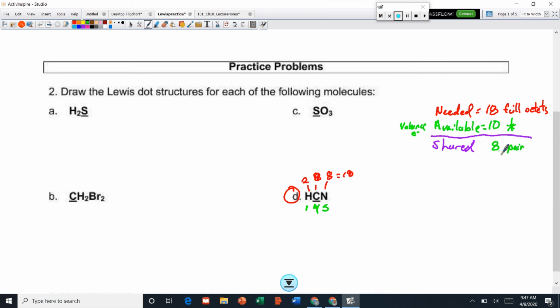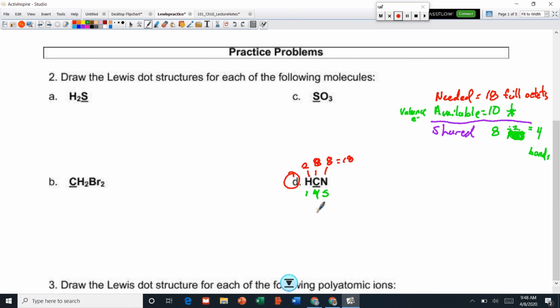So 8 electrons as pairs, that means we're going to divide by 2, and so that gives us 4 bonds. All right, again, the reason why I divided by 2 is because they're sharing them, so we're looking at 2 electrons for a bond.